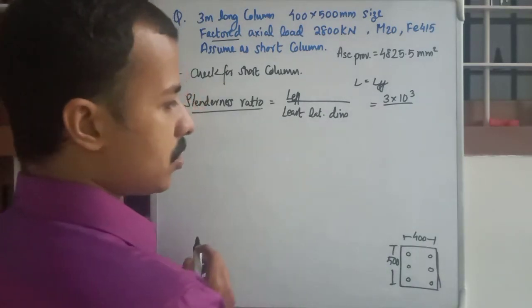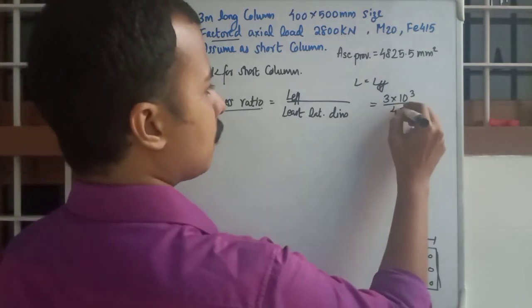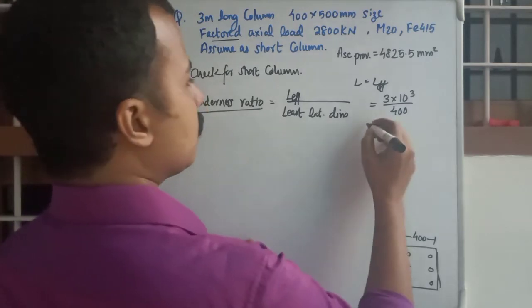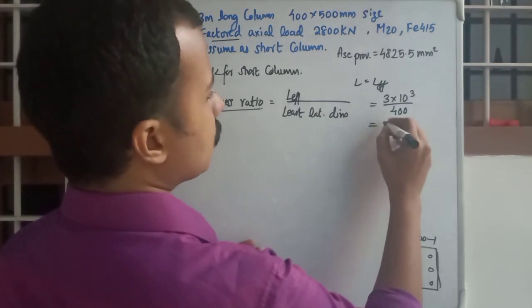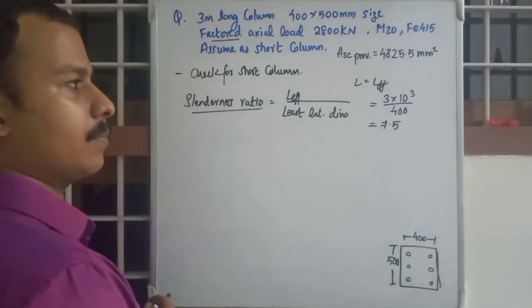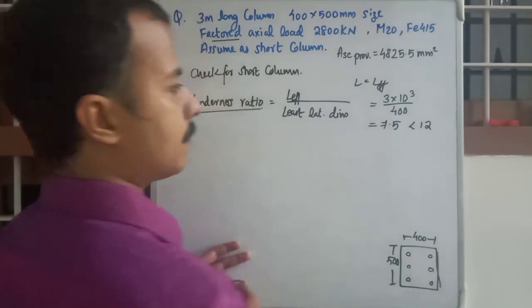Least lateral dimension is what? 500 and 400, that is 400. So we have it as 7.5. It is less than 12.